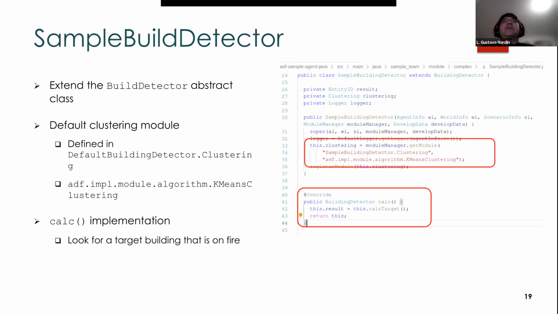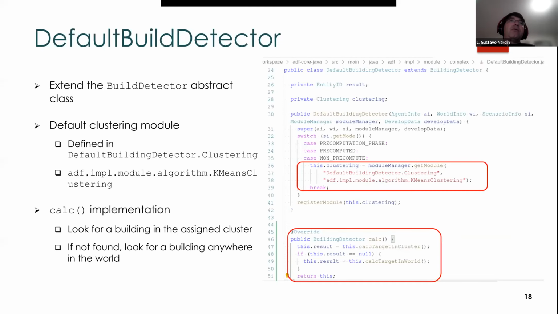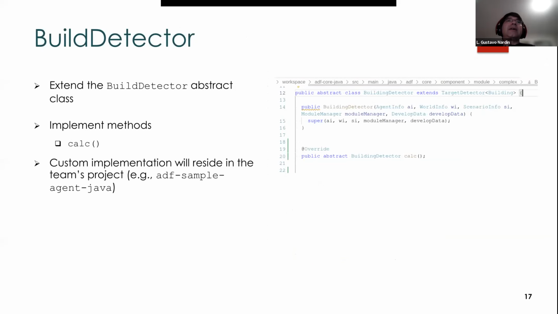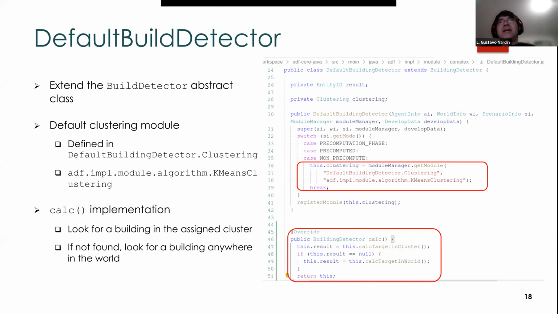Okay. So now we saw that there are different modules that we can implement. One of them is the building detector. The building detector has the API, the class building detector, that needs to be implemented or instantiated. And we have it implemented in two different ways.